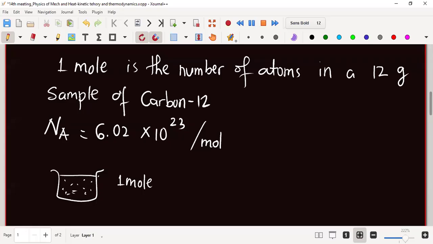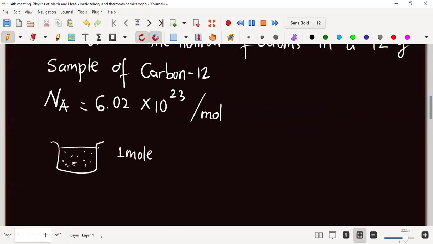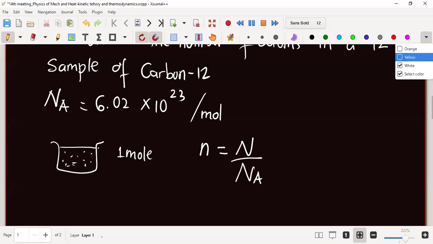And then another important quantity, besides the Avogadro number, is the mole. Mole is the number of atoms divided by Avogadro's number. So this is the number in moles.